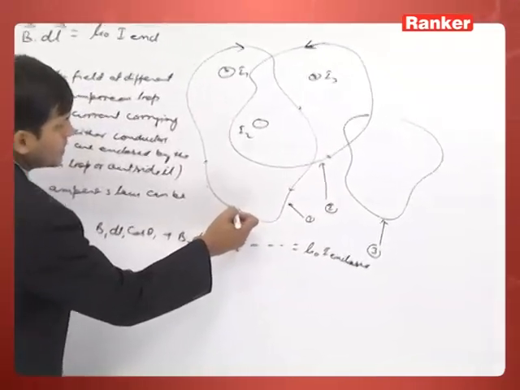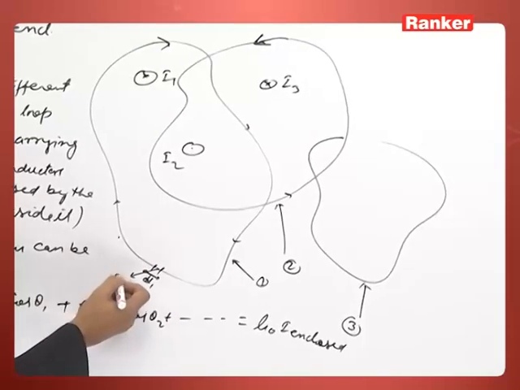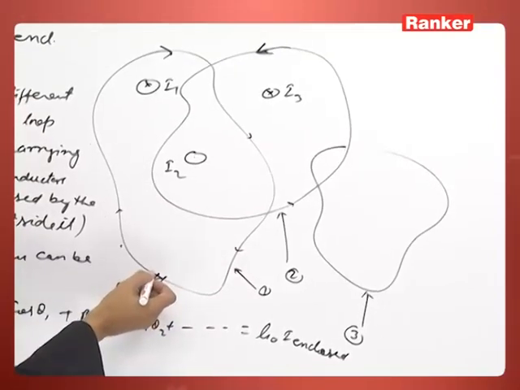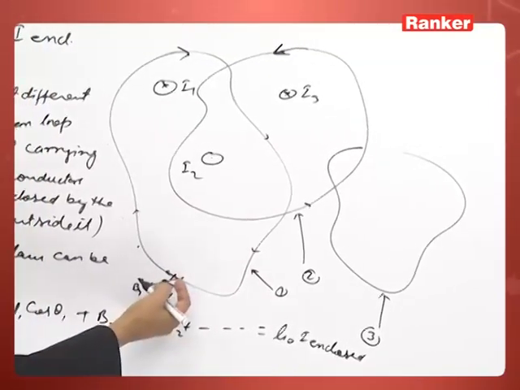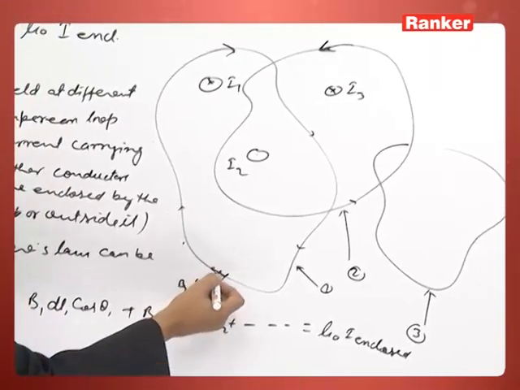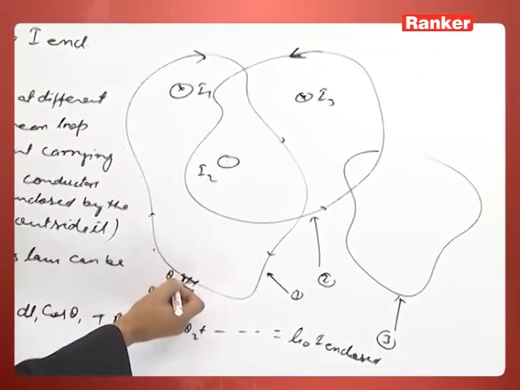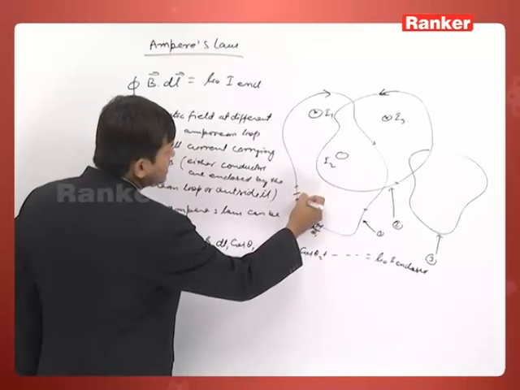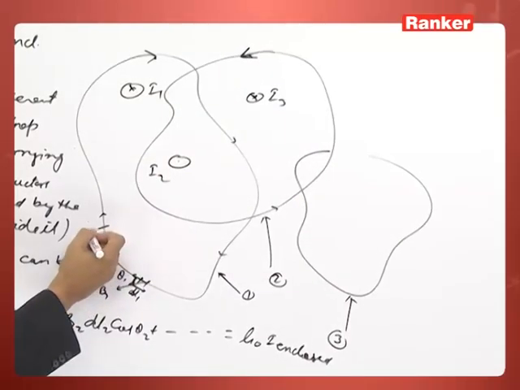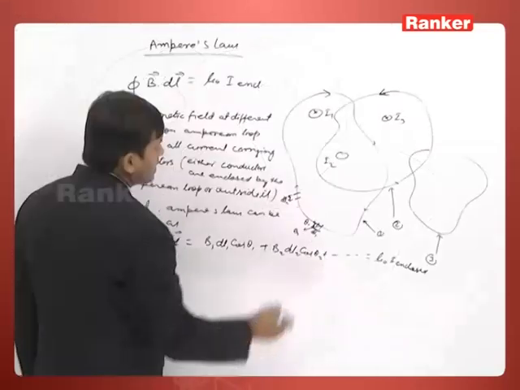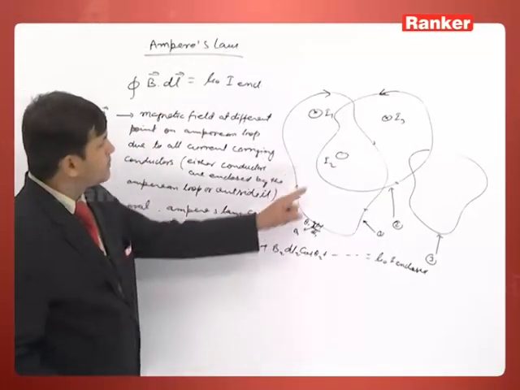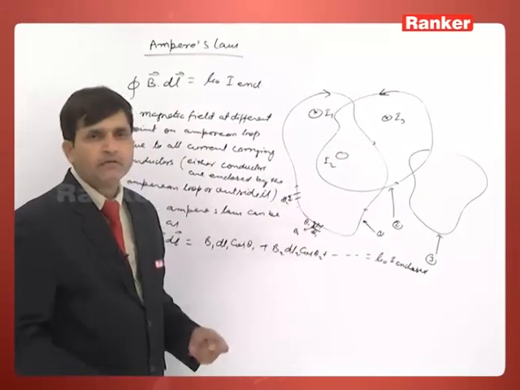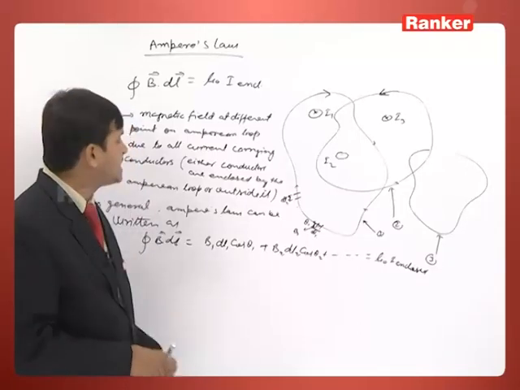Let B1 be in this direction, and as per the rule, if we are moving clockwise, we are going in this direction. So dl1 is in this direction, B1 in this direction, and this angle is called theta 1. Similarly, suppose somewhere we are here, as our position changes, the magnetic field value as well as its direction will also change due to the different current carrying conductors.